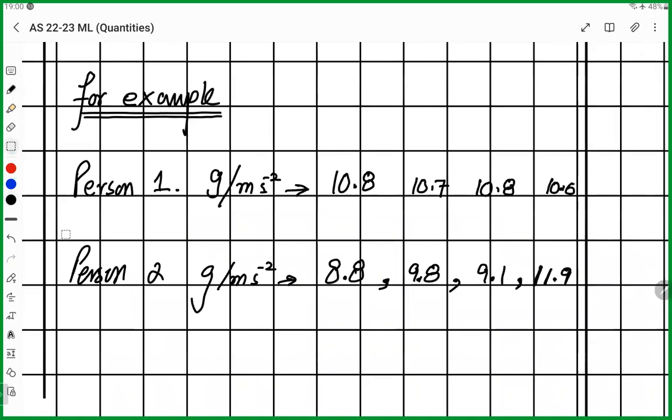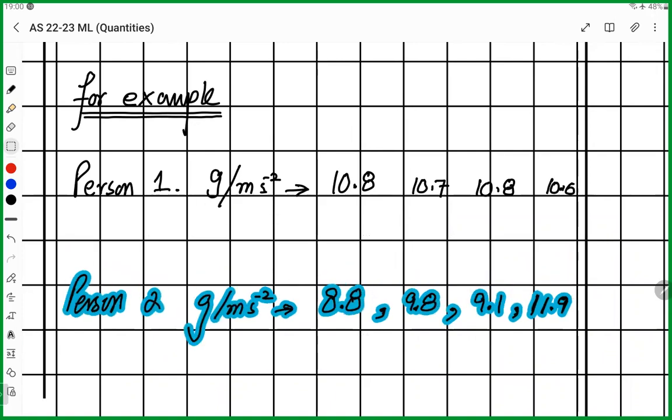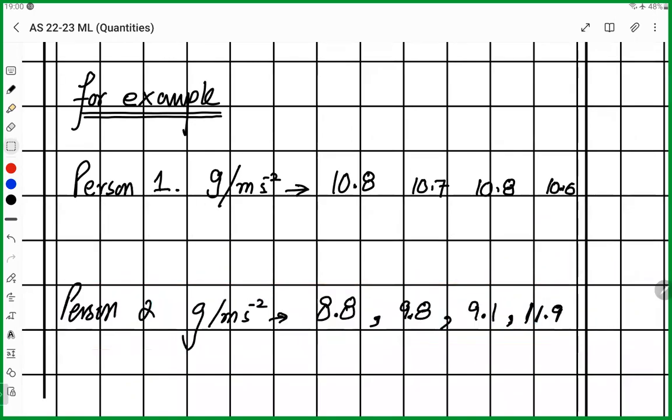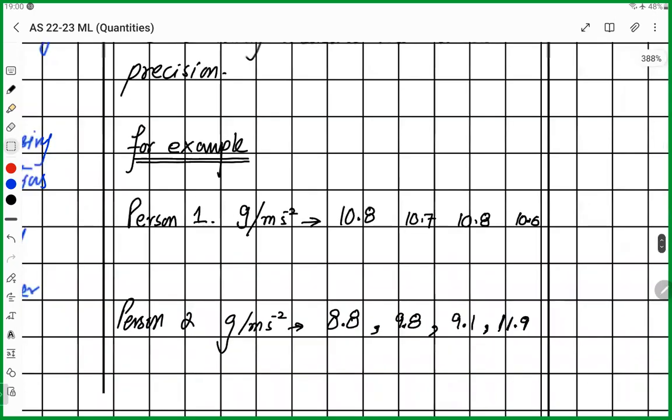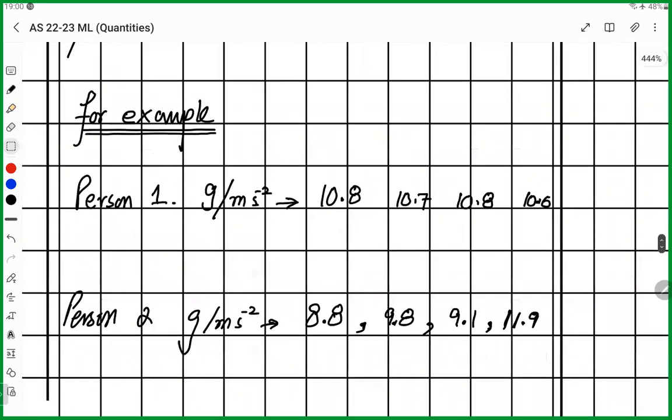To find the average of four values, you simply add them and then divide by 4.